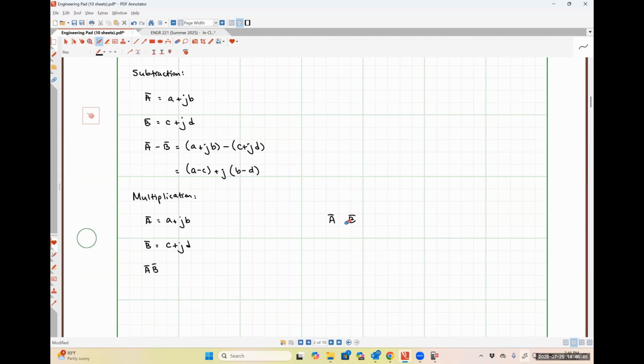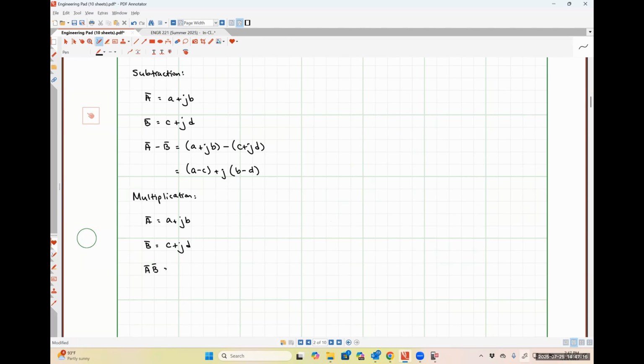Just like Joseph said, I also can't put a dot in the middle because you could too easily confuse that with a dot product, which also does not exist for complex numbers. I can't use an asterisk because that's the sign that I use for the conjugate operation. So the only way that I can denote that I am multiplying two complex numbers together is literally by putting them next to each other, which is what I do.